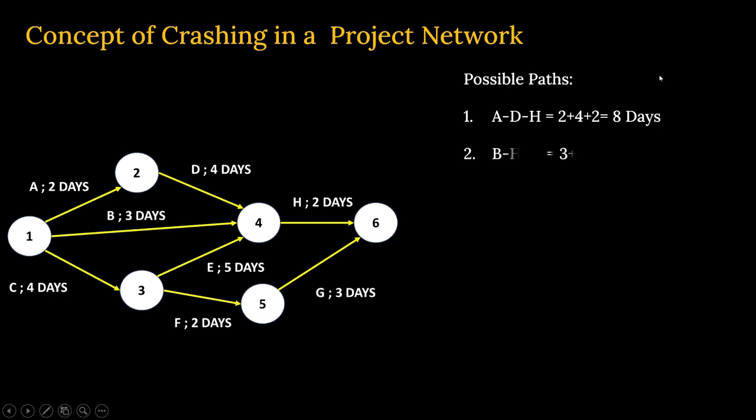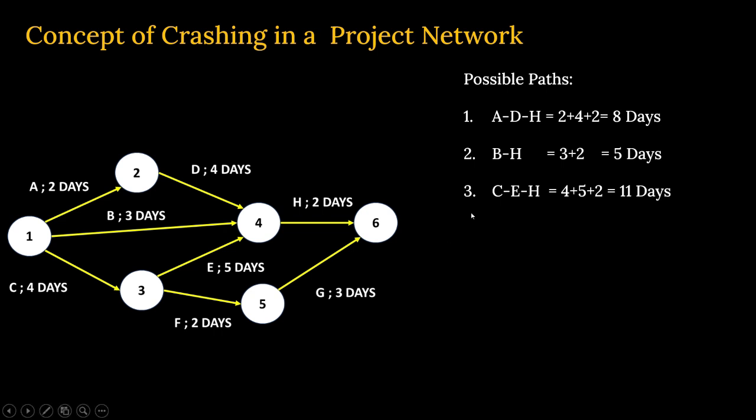Another path is BH, starting from node 1 going to node 4, that is activity B, plus from node 4 to node 6, activity H. Here the duration is a total of 5 days: activity B will take 3 days and activity H will take 2 days, so altogether 5 days.